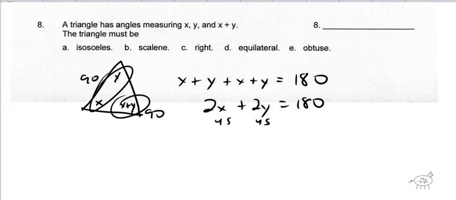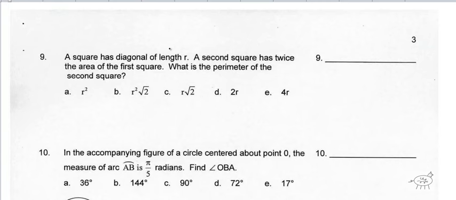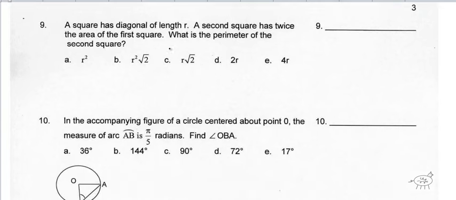There might be a better way to do it, but I just kind of look at the problem and say they've got to add to 180, and they have to be the same value, x, y, and x plus y, and the only way you're going to do it is 90, 90, so it's got to be a right triangle. Okay? I'm just trying to look at another way to do it, but I think that's the best way. Okay, let's keep going here. Again, if you find a better way to do it, let me know, and I will incorporate that into my video.